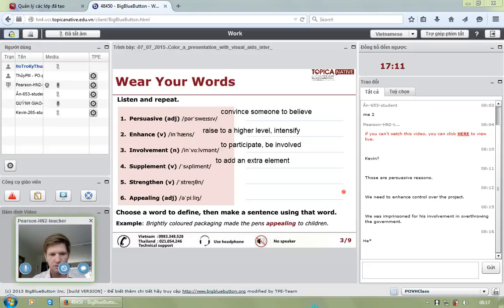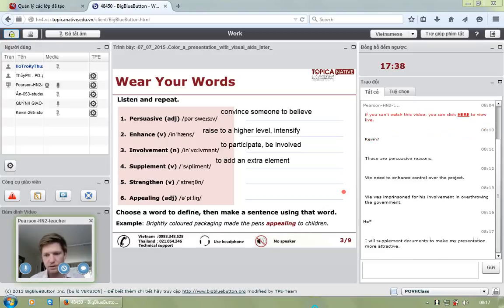Okay, I will supplement more documents to make my presentation more attractive. Okay, maybe you can just say I will supplement documents to make my presentation more attractive. Because I think it's kind of assumed that there will be things added extra, more in the word supplement.